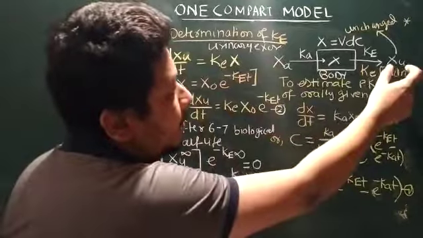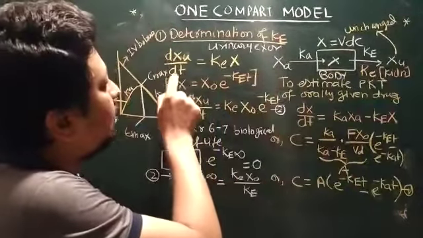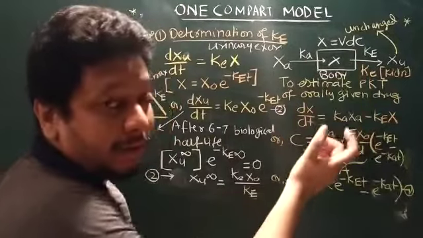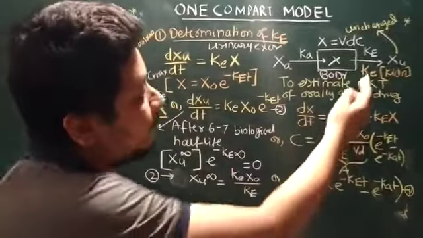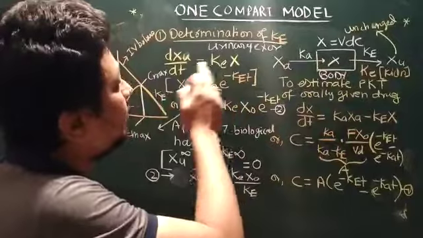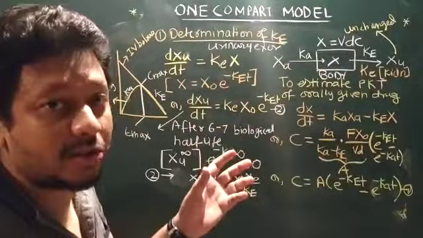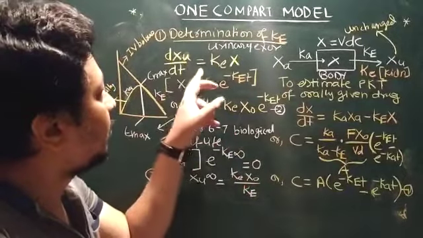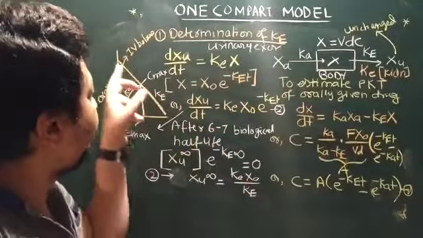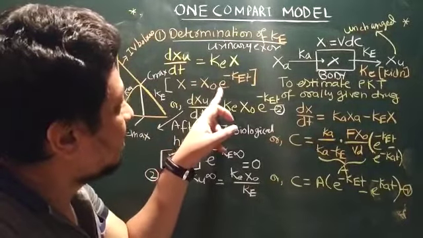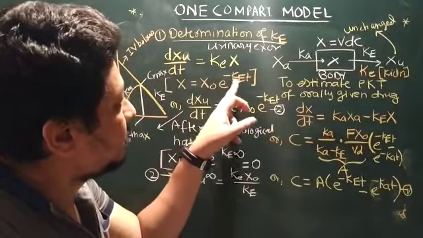If we want to measure XU, that is dXU/dt is equal to, then we can only consider Ke because it is through urine, through the kidney. So Ke into X. This becomes the first derivative equation. dXU/dt is equal to Ke into X, and X, from IV bolus we have already seen, is X naught into e raised to minus Ket.